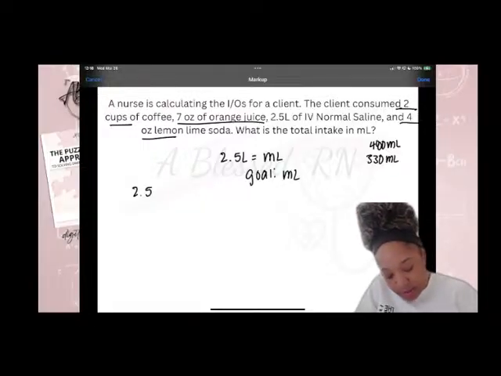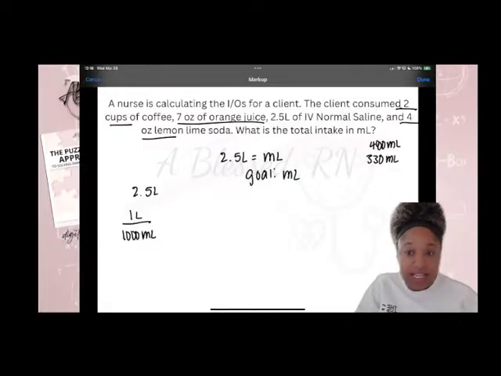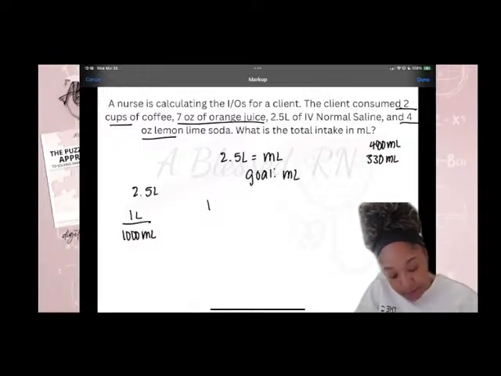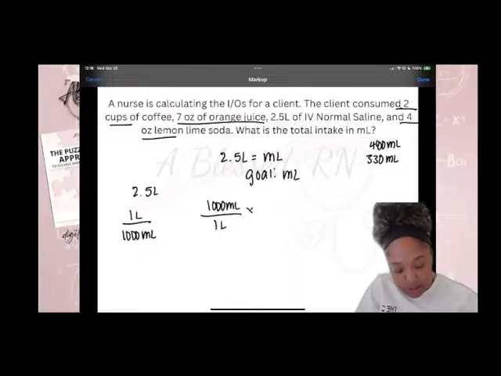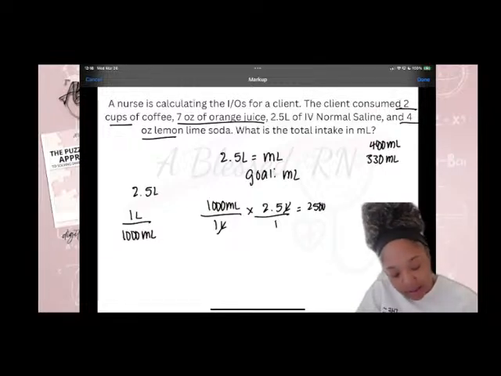All right, so 2.5 liters. 1 liter equals 1,000 milliliters. Once again, I'm going to start with my goal, okay? I'm just showing you how you can set up any conversion. You do it the same way, okay? So my liters on the bottom, liters on the top, cancels out. 1,000 times 2.5 is 2,500 milliliters.